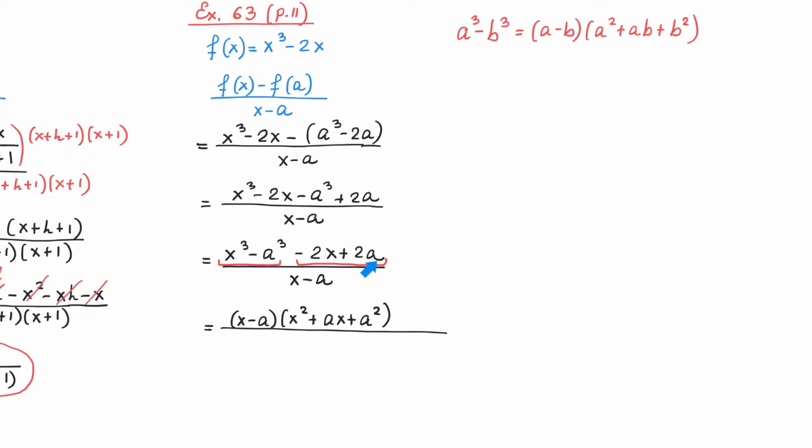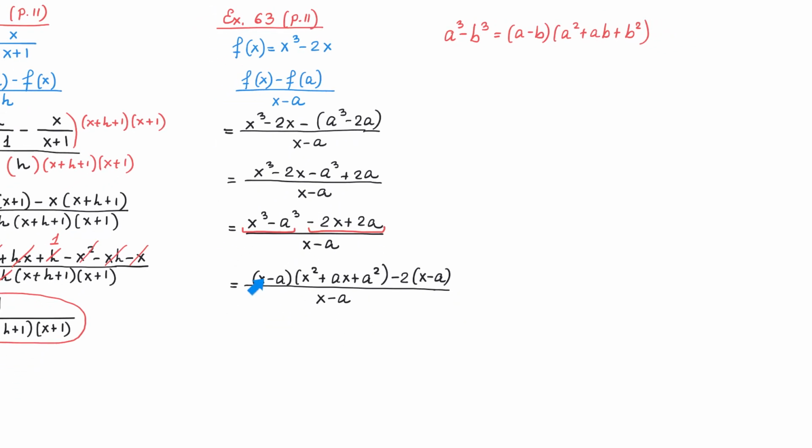In the second group, we will just factor out negative 2. So we will continue with negative 2, then in parentheses we will have x minus a. All this over x minus a. And now in both these expressions we got x minus a, and this is the common factor.